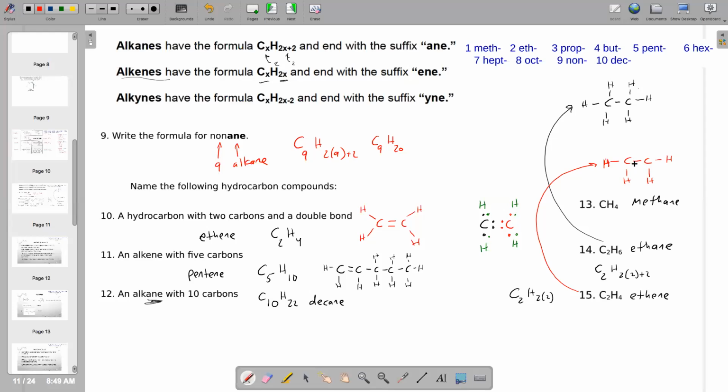I've got the 2 carbons bonded to each other, and 2 hydrogens over here and 2 hydrogens over here, but each of these carbons only has 3 lines coming off of it. So there must be a double bond that exists here, where those 2 carbon atoms each share 2 electrons with the other carbon, a total of 2 pairs or 4 electrons shared between the 2 carbons. And this name, ethene, means that it must be an alkene, and alkenes have double bonds.